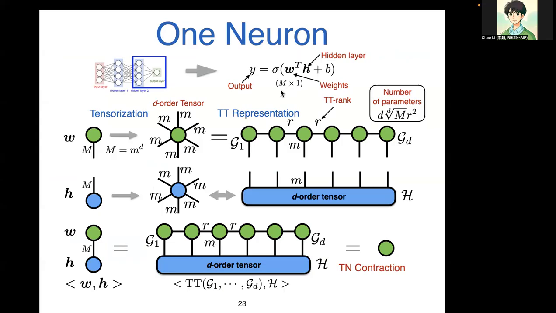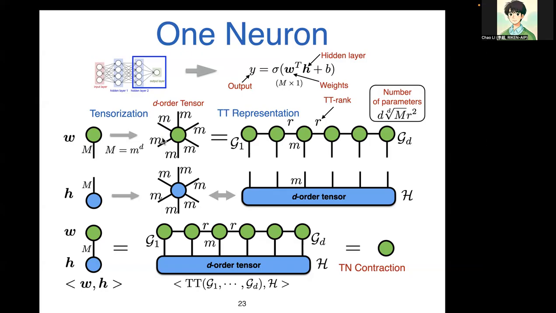So, to achieve more efficient computation with tensor networks, our first step is tensorization. We start by reshaping the weight vector W into a tensor of order D by splitting a single long index into D smaller tensor modes, each of dimension m. We can do the same for the input H.